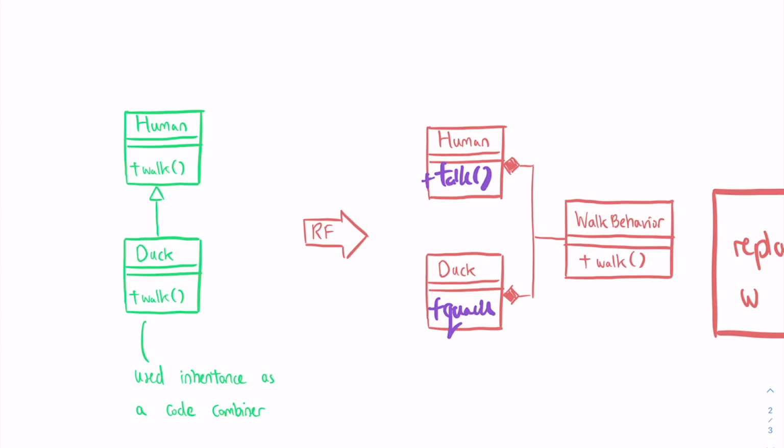And since we know that walk is the same code, we can extract this walk method into another type of class, called the behavior class, or walk behavior class to be specific here, which can be composed, or contained inside both the human and the duck, using a composition relationship.